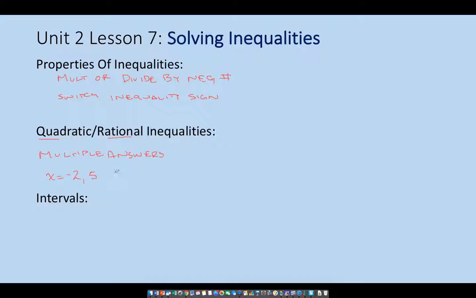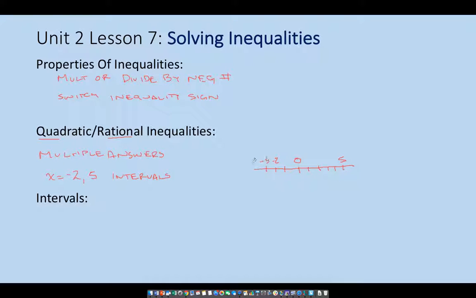Well, these actually aren't our answers, since they're inequalities. They're going to be intervals. And so what will happen is you'll draw yourself a little number line. So 1, 2, 3, negative 2. We'll go 1, 2, 3, 4, 5.